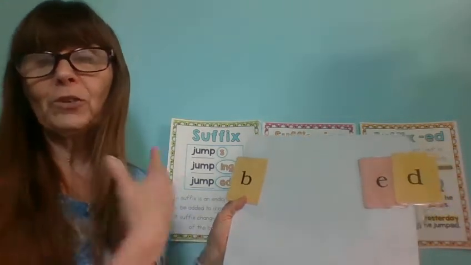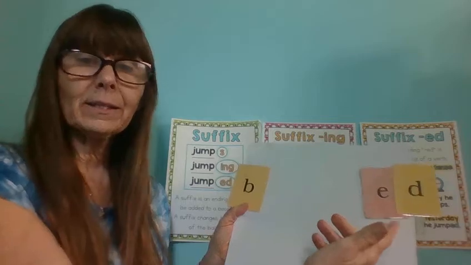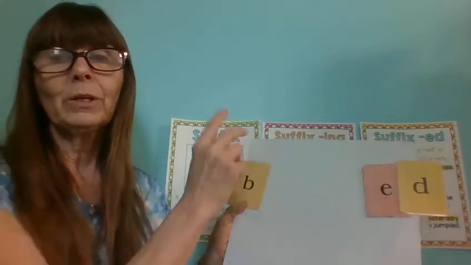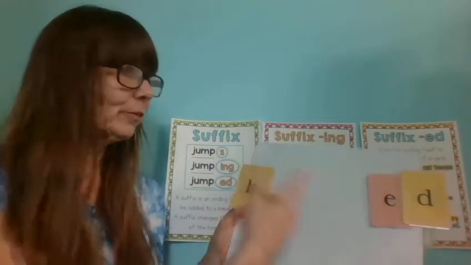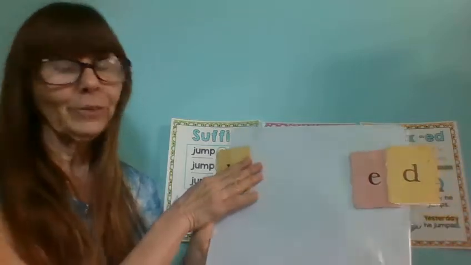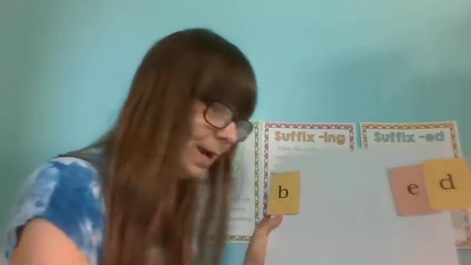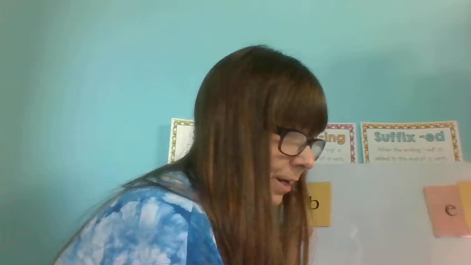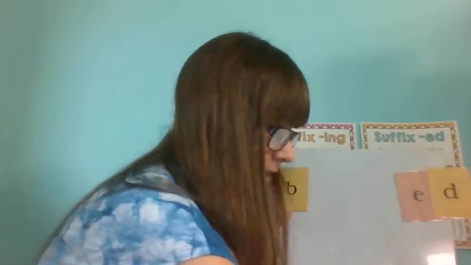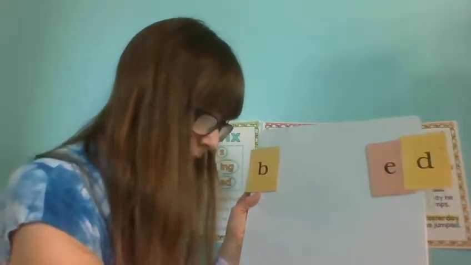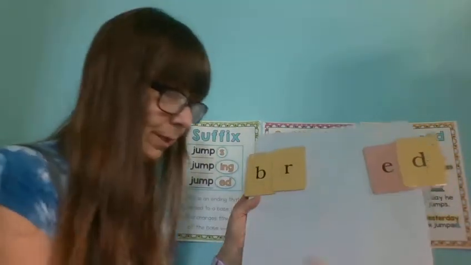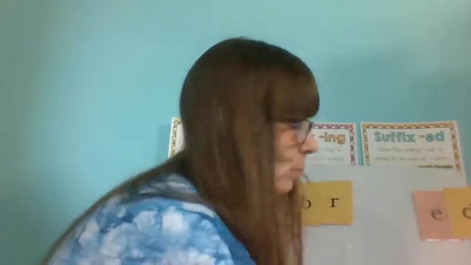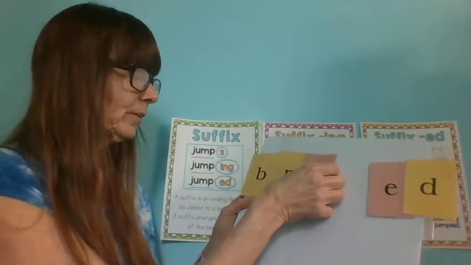So honestly, if I had just put the word plan and added ed, the rule is I have to double the n, so there are two n's. It's very tricky. But right now we're going to just stick with adding an ed to the end of a 5-letter word, because we don't want to get too confused yet.